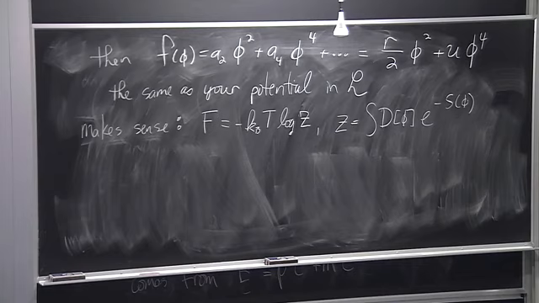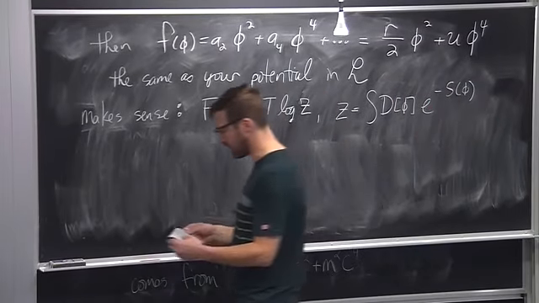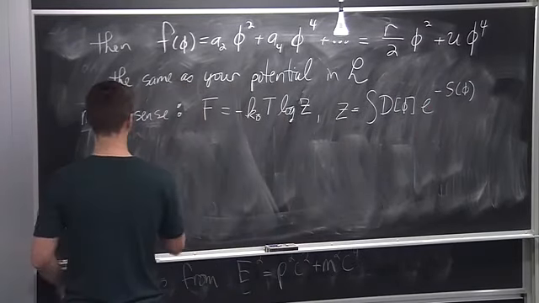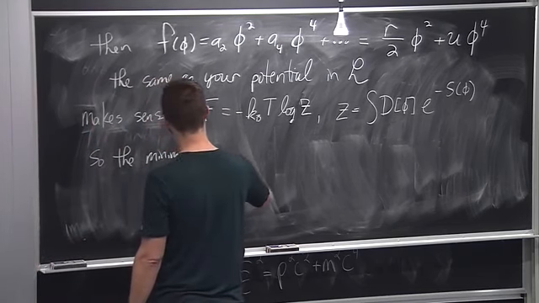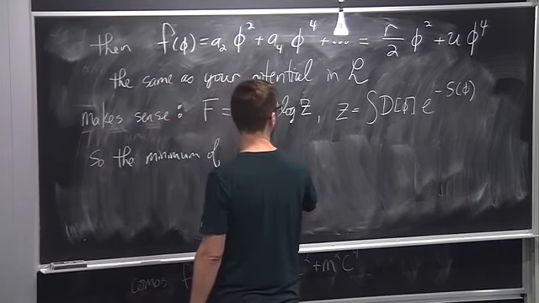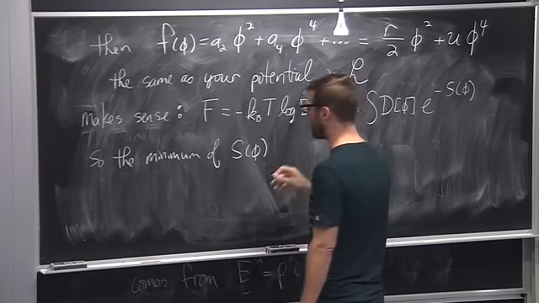So we're taking a logarithm, and so we can basically see how this thing's related to the free energy. In particular, the minima of the action should correspond to the minima of the free energy.